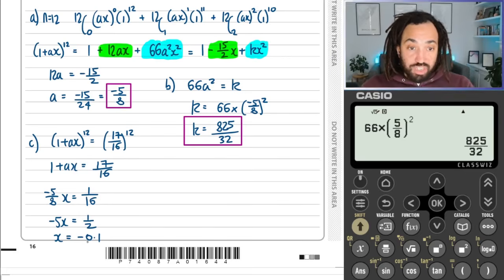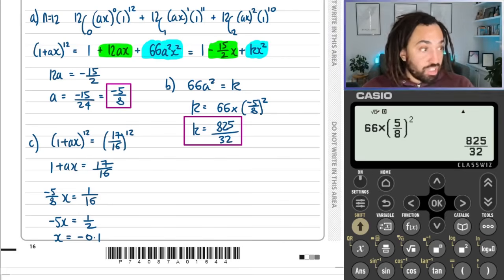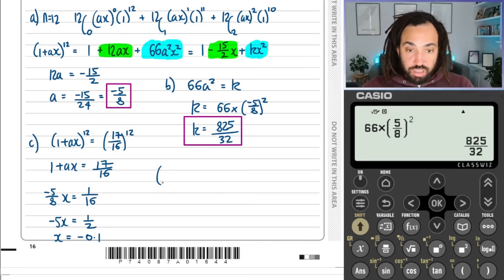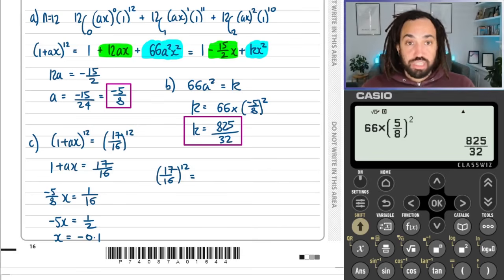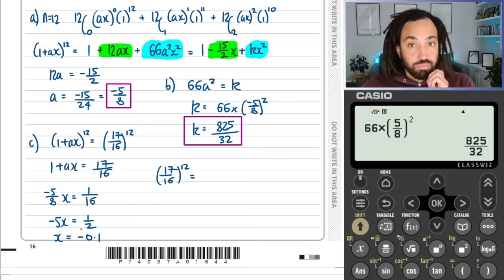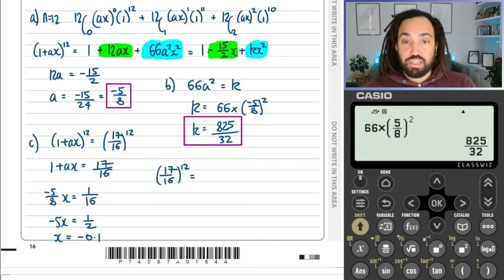So that value of x will give us this expression, this 17 over 16 to the power 12. So if we sub an x value into our expansion, which remember is a representation of 1 plus ax to the 12, then we should be good to go.